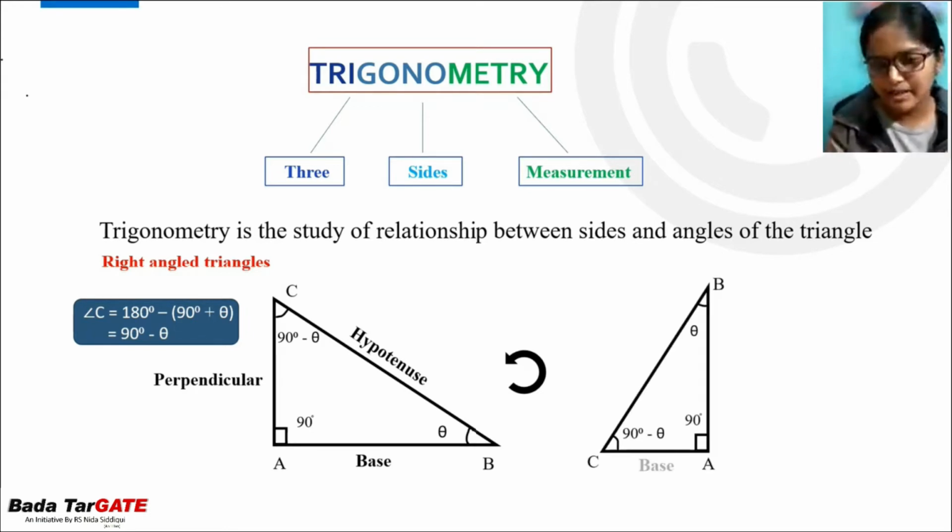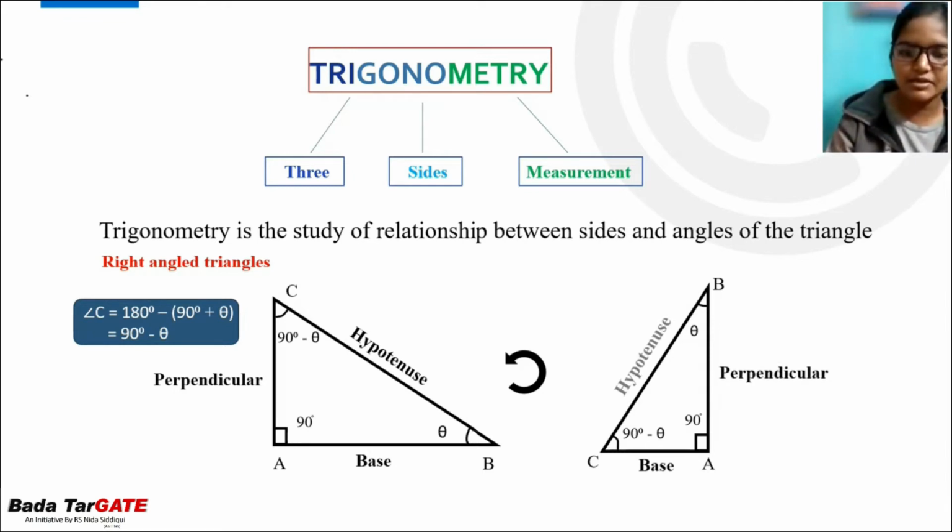In here, our AC becomes the base and AB becomes the perpendicular and BC becomes the hypotenuse. Therefore, it is always better to identify the parts of the triangle and then understand what is going on.